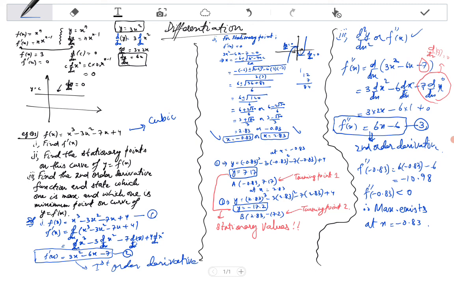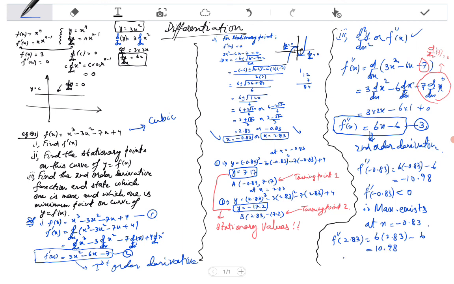So it is shown that the maximum is lying here, and you can see 7.17 is the bigger value and minus 17.2 is the smaller value. Now you can try the second value as well, f double dash of 2.83. My third equation of the second order derivative gives me 6 times 2.83 minus 6, a positive answer of 10.98.